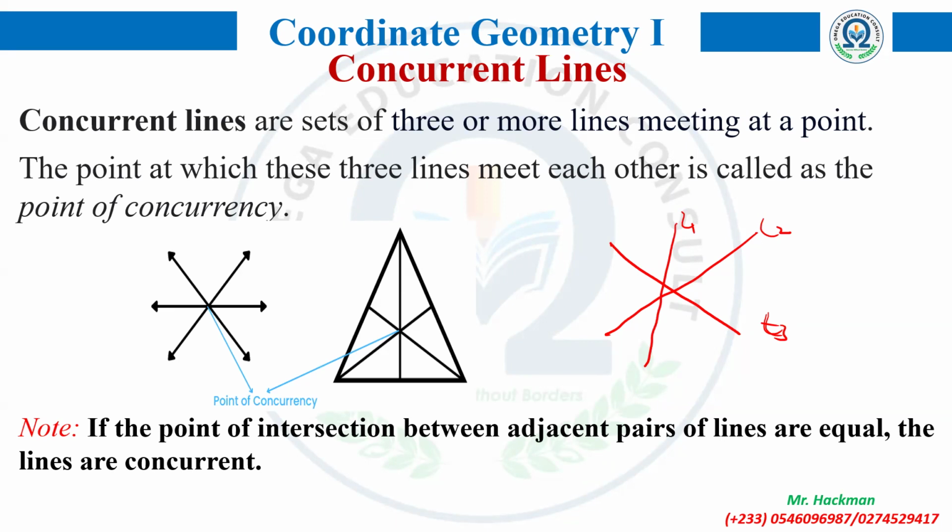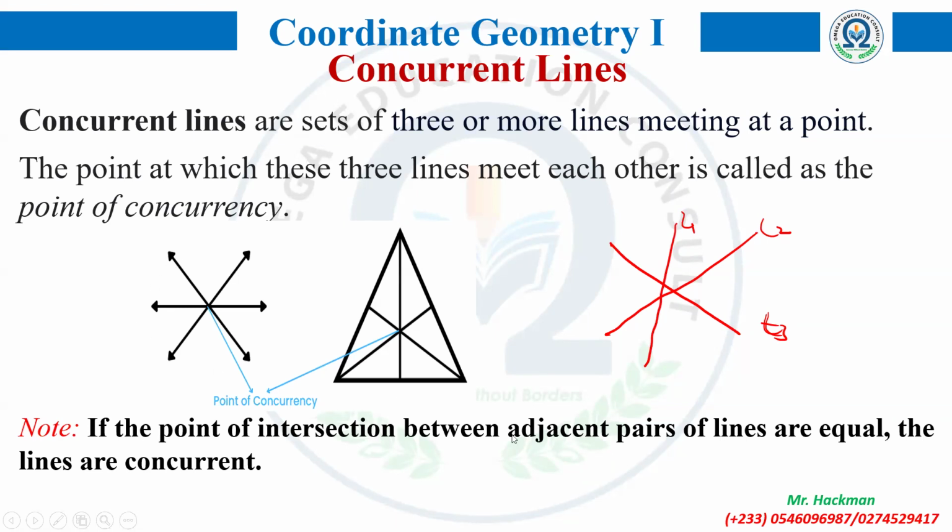So how do I determine concurrency? Remember, if you are dealing with a collinear situation, you use the gradient of the line joining adjacent points. With this one, you are not dealing with points but with lines, so you won't use the gradient. You use the point of intersection of 2 adjacent lines.